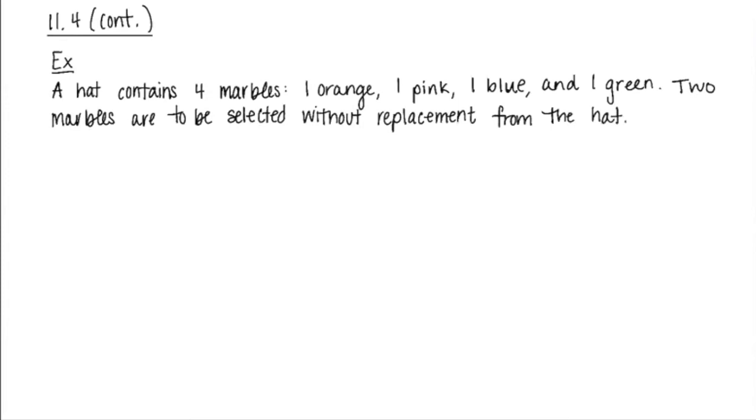So the idea is I'm putting all 4 marbles in a hat. I pick one out. I look at that color. That marble is gone. Then I only can pick from what's remaining in the hat.